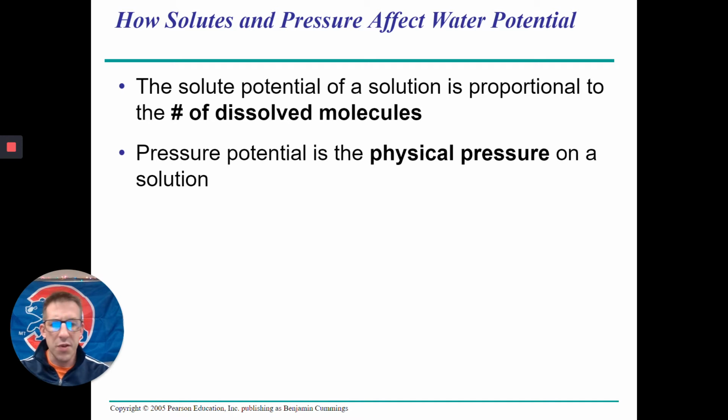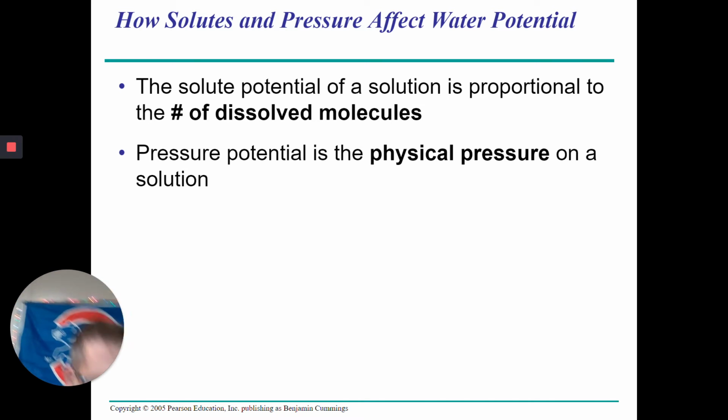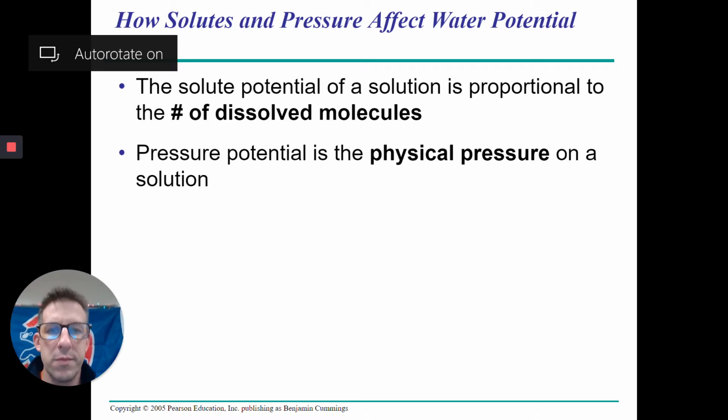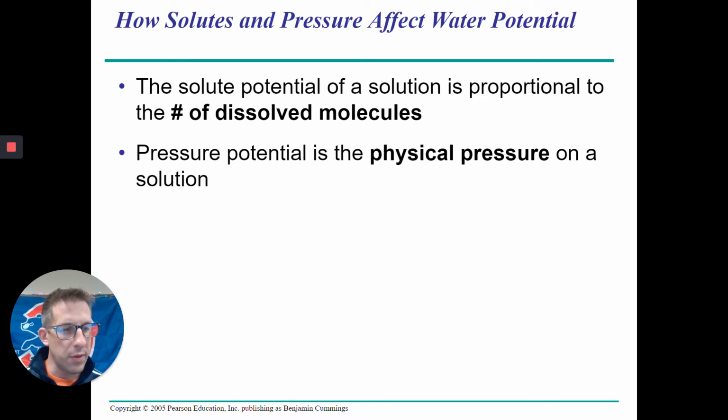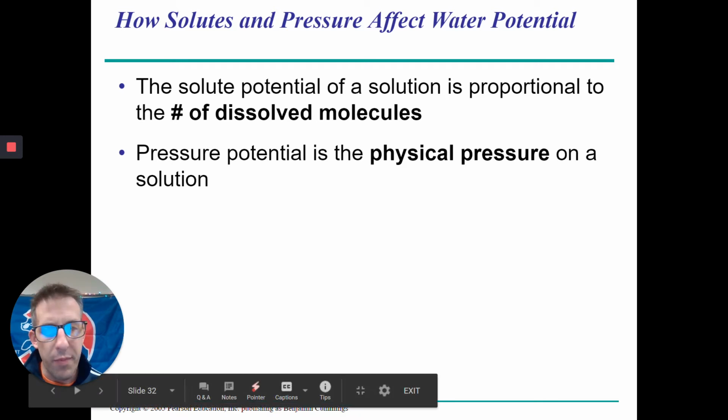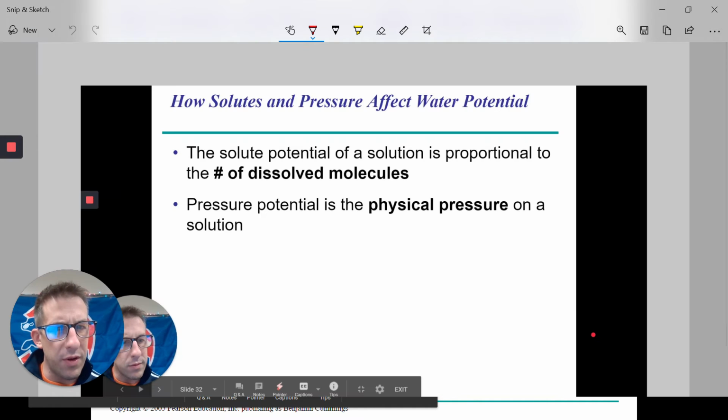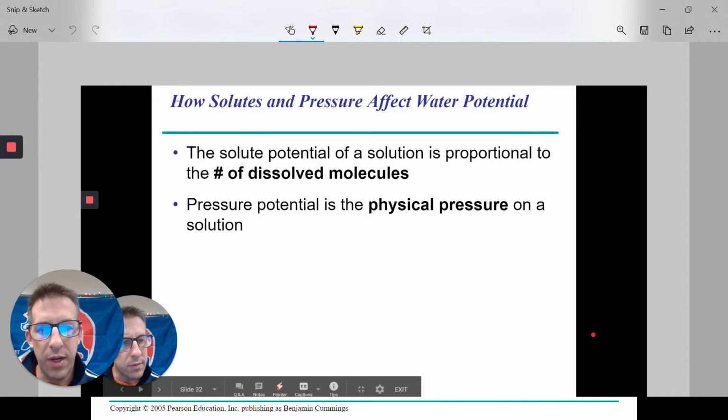Okay, so I'm going to flip my computer here so I can draw on it. Kind of looks awkward, but that'll work. All right, I'm going to make a writable copy of this slide that you might be looking at right now, and I'm going to write the equation for water potential on this slide. I want you to write this down either in your notes or however you happen to take notes, or just pay special attention that this part of the video has something relatively important on it.